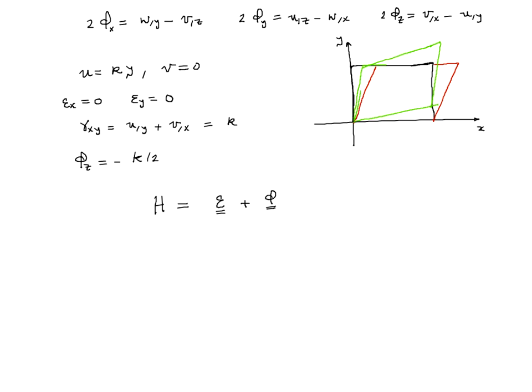So the symmetric part of the displacement gradient is strain, the antisymmetric part is rotation, and H can be written as epsilon plus phi.